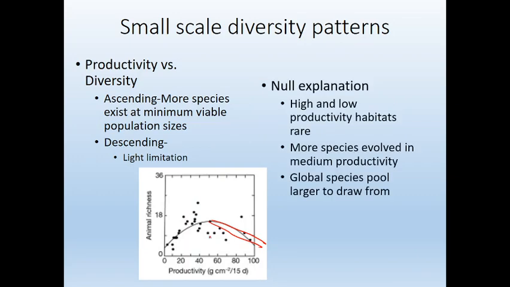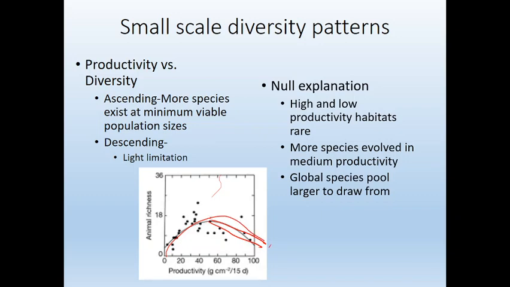Interestingly, though, there's a null explanation here that makes a lot of sense once you start to think about it. So the null model is asking the question, why do we see this hump-shaped curve?